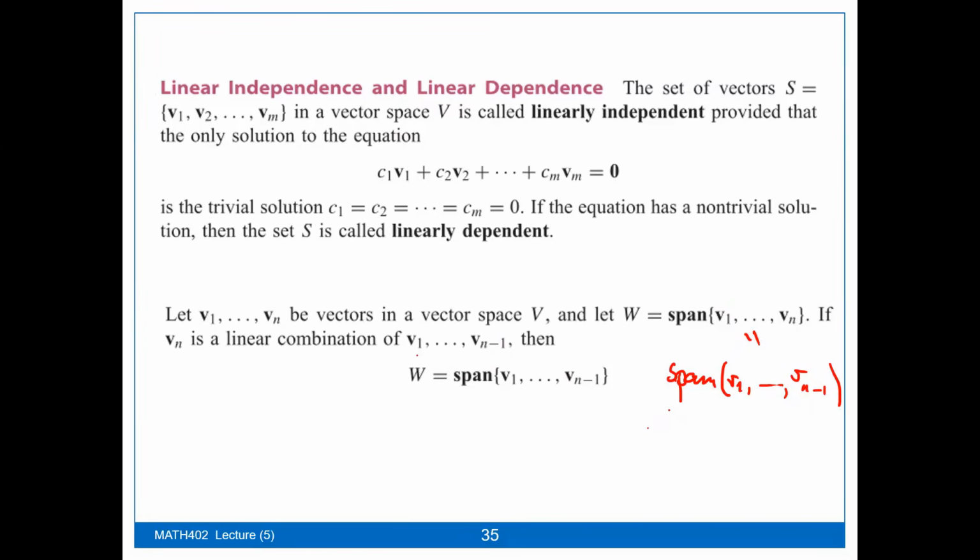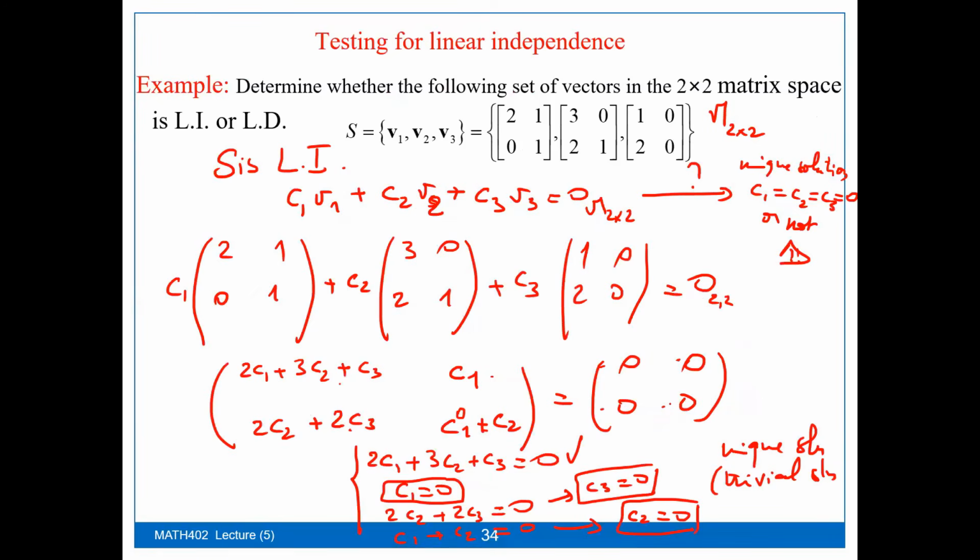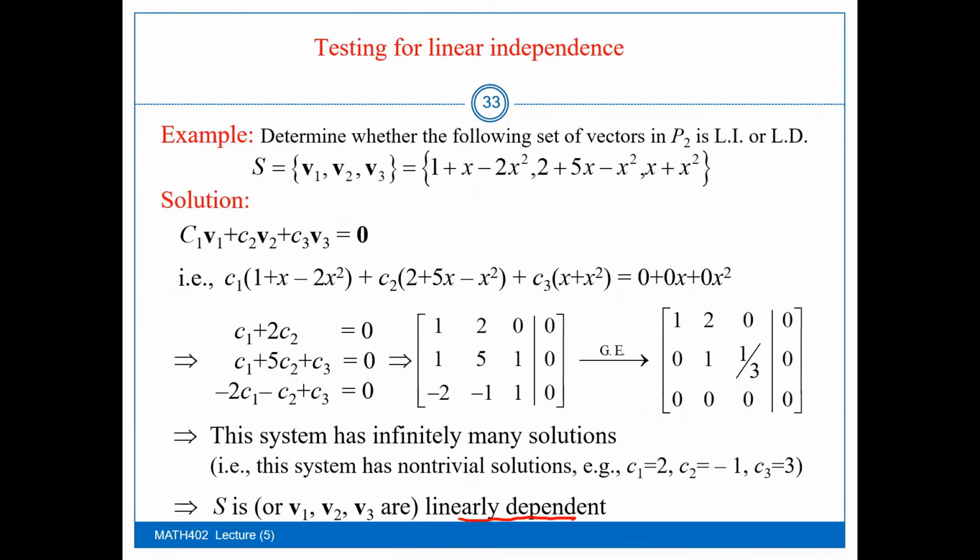For example here, we saw they are linearly dependent. So the span of S, we said here V2 is 2V1 plus 3V3, right? So the span of S is the same as the span of V1 and V3.